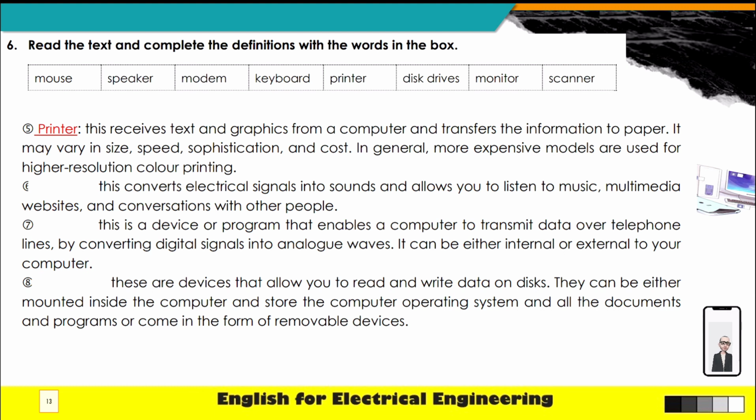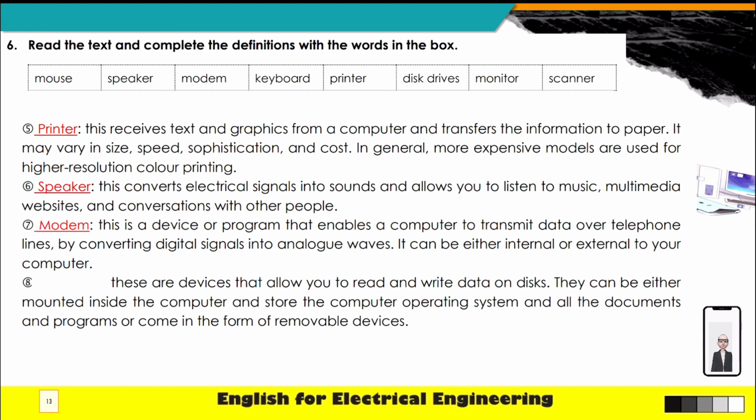Number six, this converts electrical signals into sounds and allows you to listen to music. Stop there. Speaker. Number seven, this is a device or a program that enables a computer to transmit data over telephone lines by converting digital signals to analog waves, and it can be either internal or external to your computer.